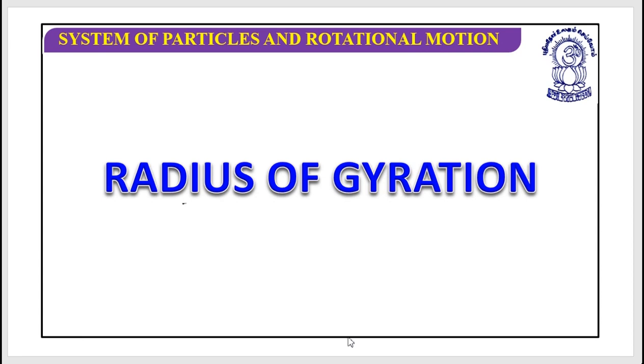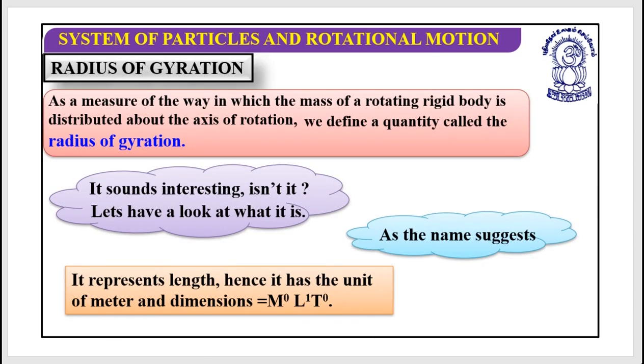Let's discuss the radius of gyration of a body. Let's discuss what it is and how to use it. We can say that radius of gyration is a measure of the way in which the mass of a rotating body is distributed about the axis of rotation.